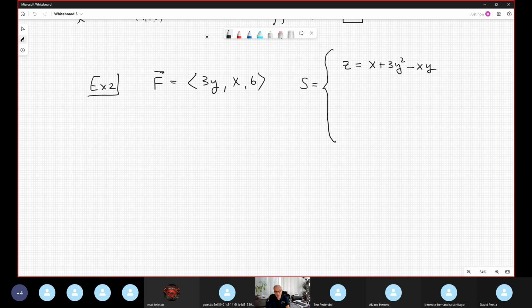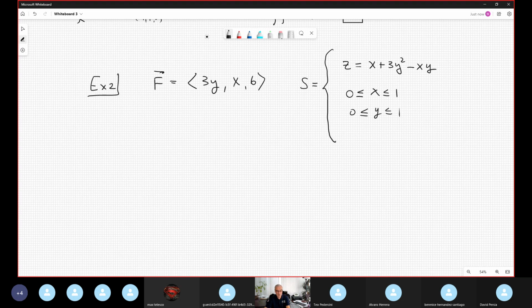It's not the classical quadric surface, you know, paraboloid, ellipsoid. No, this is crazy. Okay, and it is defined specifically in the interval between 0 and 1 in x, and between 0 and 1 in y.